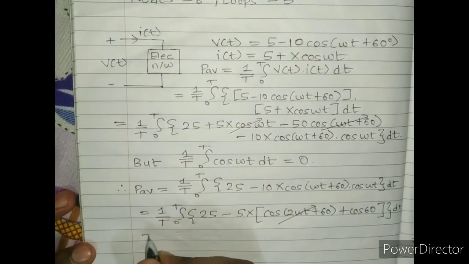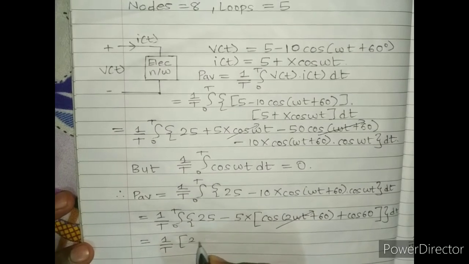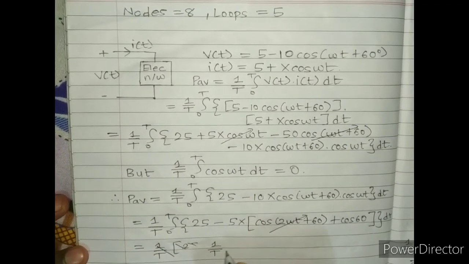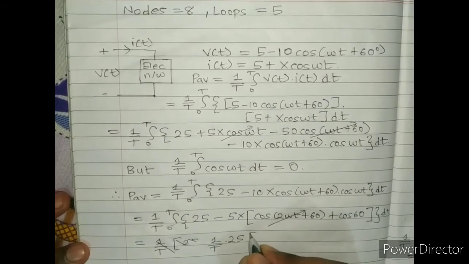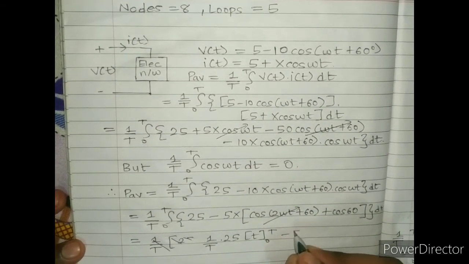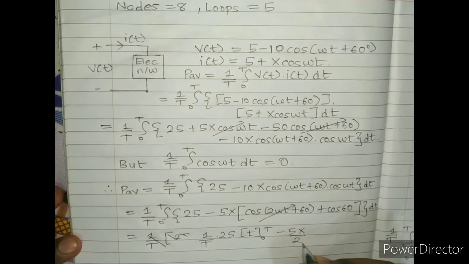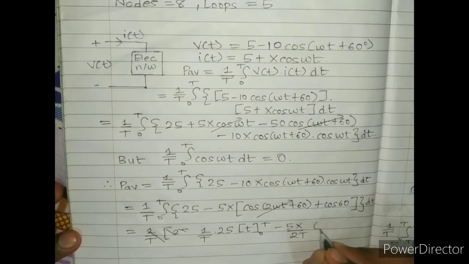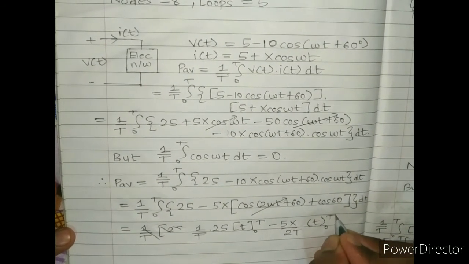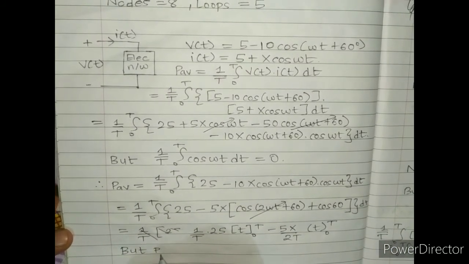Therefore, P average is equal to 1 by T into 25 into T over the limits 0 to T minus phi x into cos 60, which is 1 by 2, means phi x upon 2T into T over the limits 0 to T. But in the question it is given that P average is equal to 0.